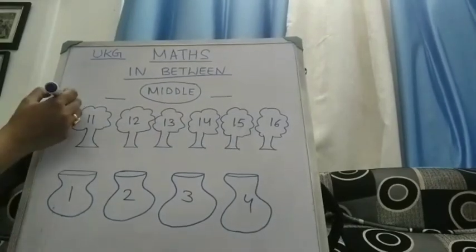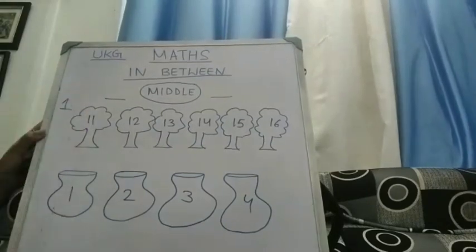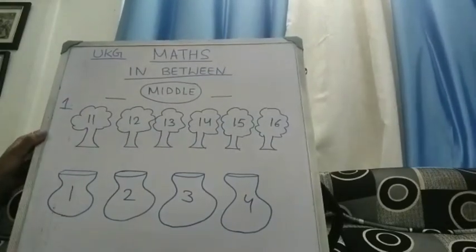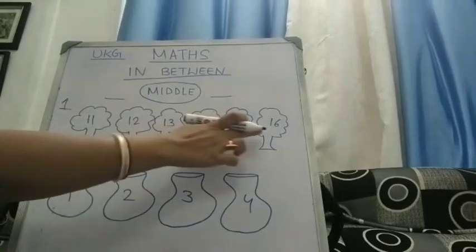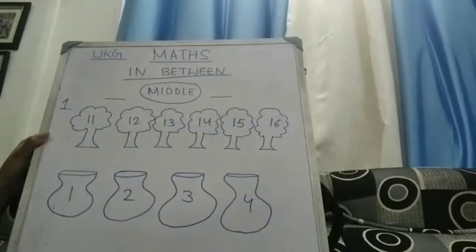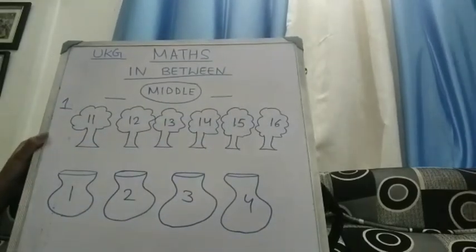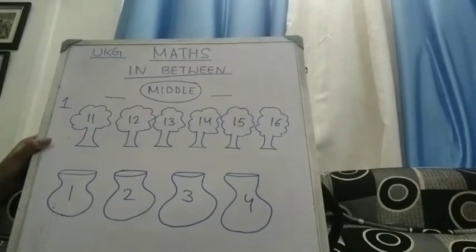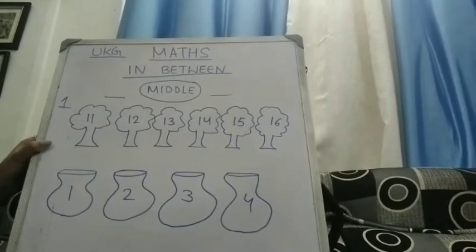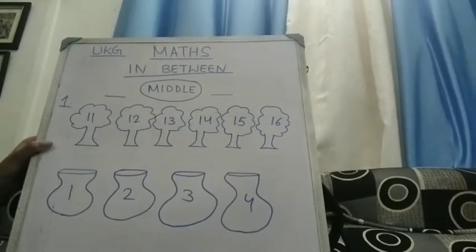So what you can see, number 1, you can see some trees, and I have written numbers from 11 to 16 on these trees. Okay? And if I ask you, tell me, which number comes in between 11 and 13?